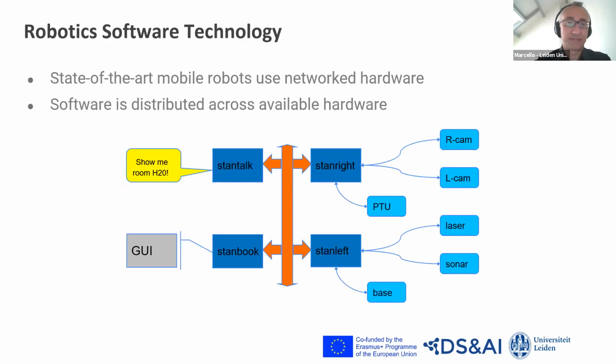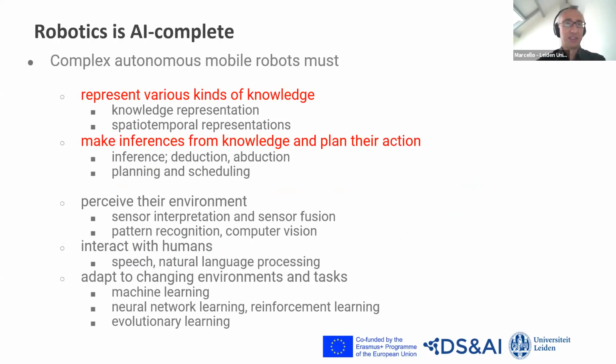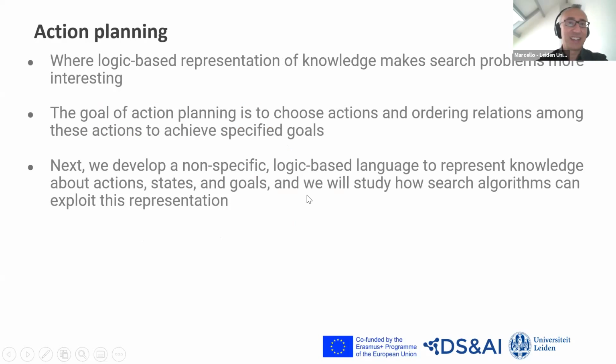Okay, so maybe there is everything in a robot, from vision to speech interaction, everything is there in a robot, so that's also why it's so complicated. And then, okay, there is this question of how to take actions, how to really act, and this is where knowledge representation takes place.